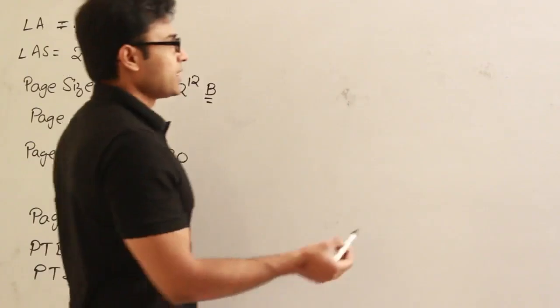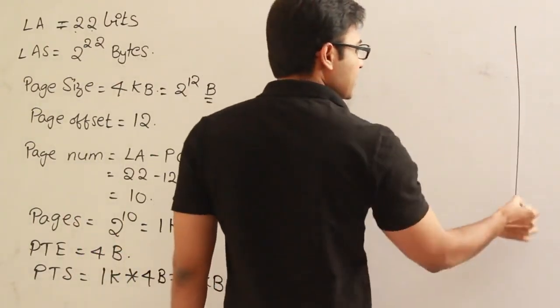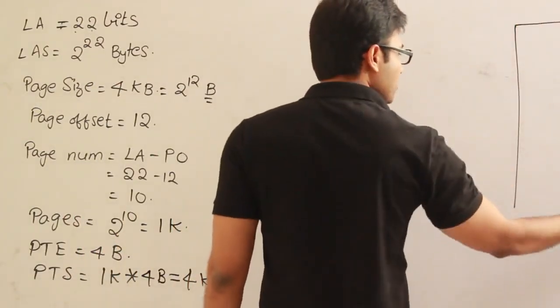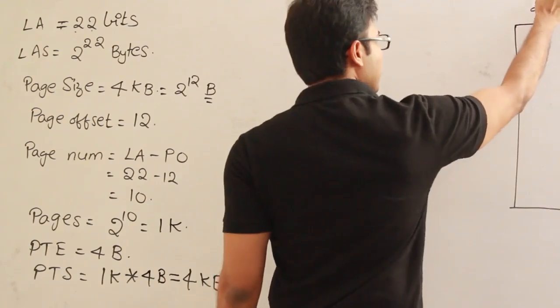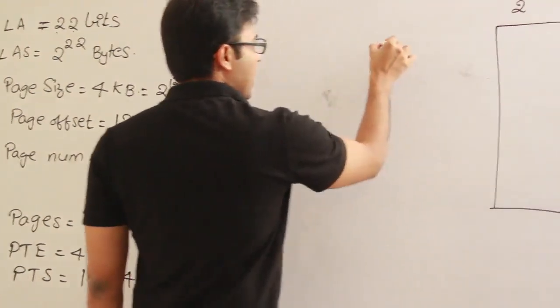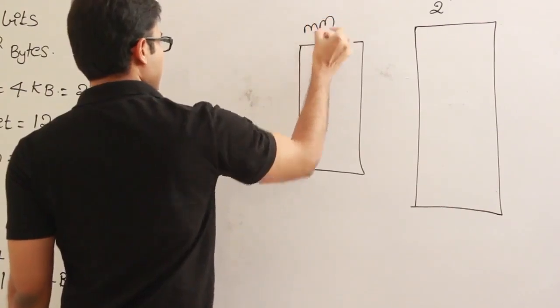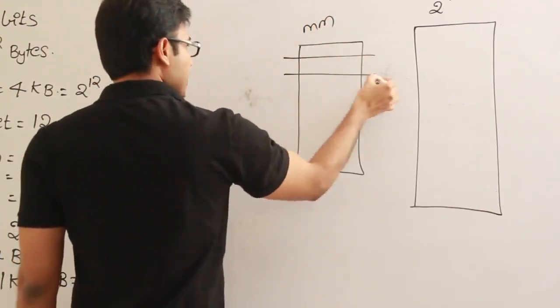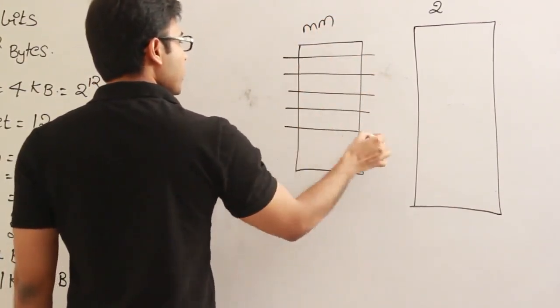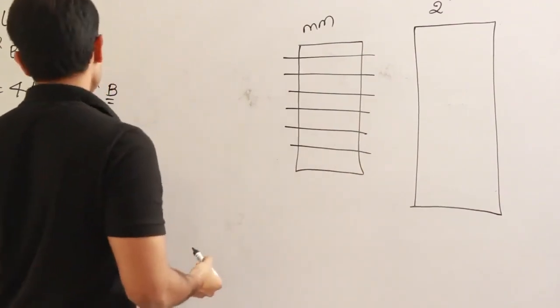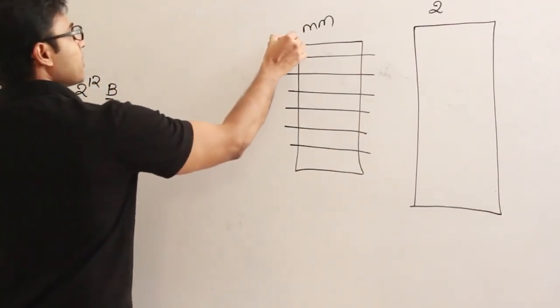Watch it. The process size is 2 power 22, that is logical address space. I didn't say anything about main memory size, but what we know is the size of each frame or each page is 4 KB.